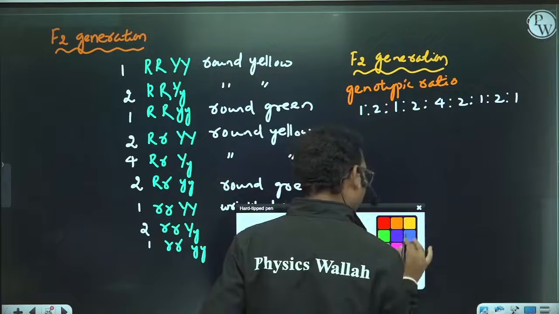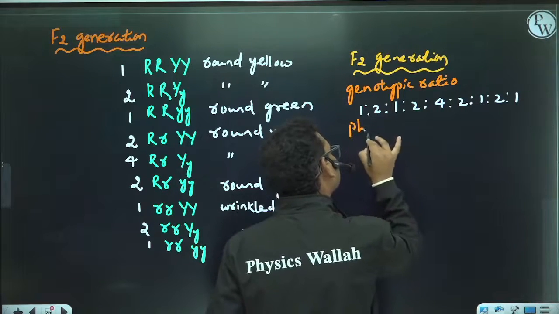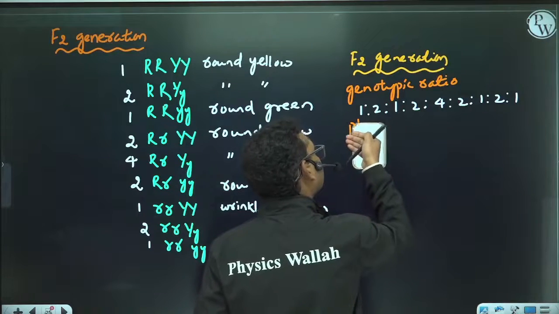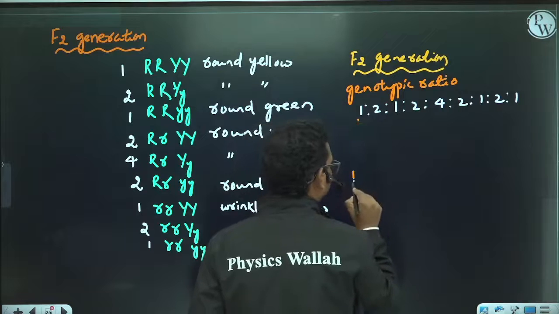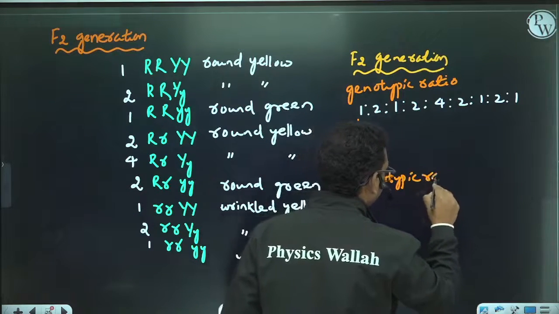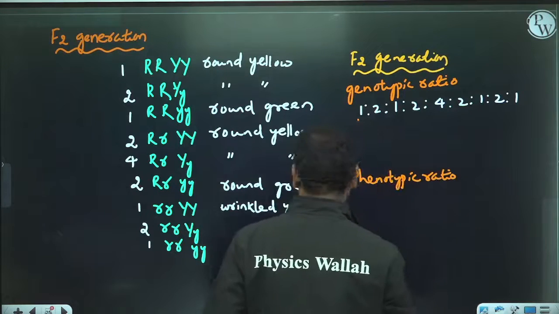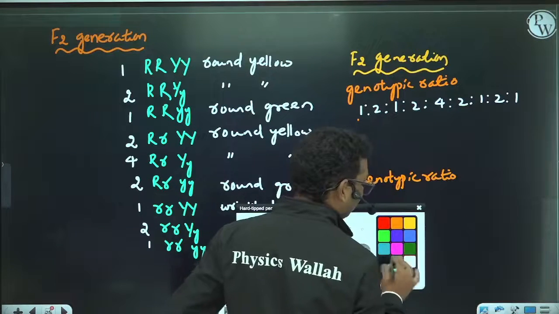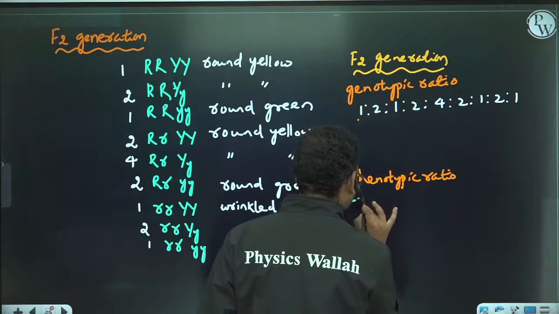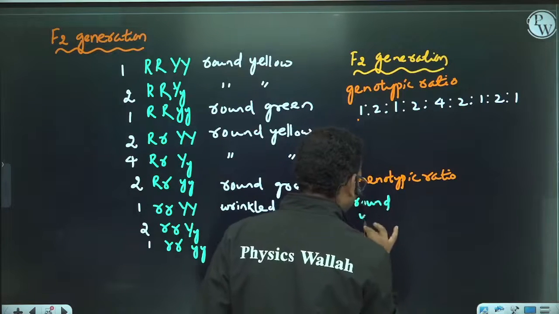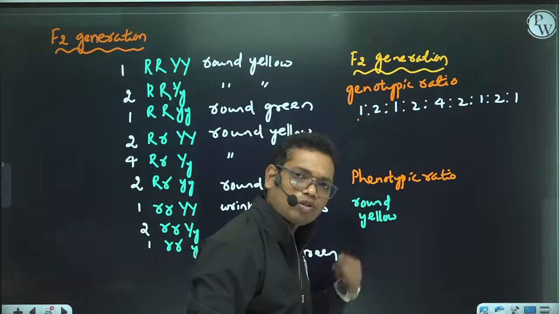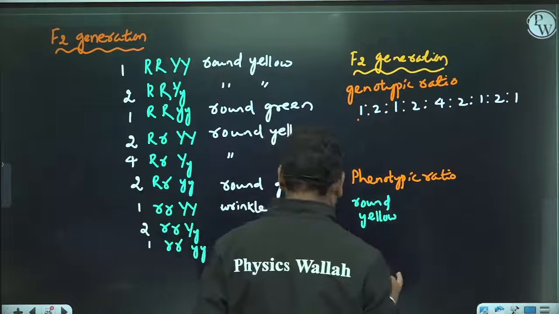What about the phenotypic ratio? So four different types of phenotypes are produced. What are those? One is round yellow. Round is dominant phenotype, yellow is also dominant phenotype, so this is dominant.